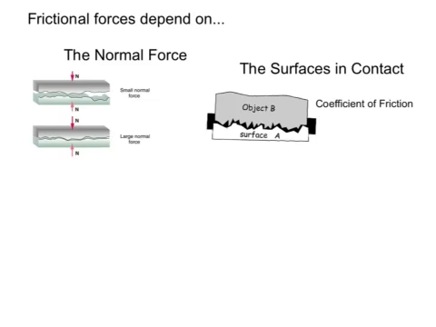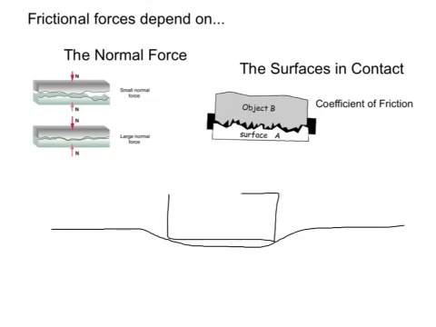Another reason for friction is that microscopically, if you place an object on a surface, it'll create kind of an indent in the molecules that make up that surface. So here's a little object here. This is greatly exaggerated, of course.